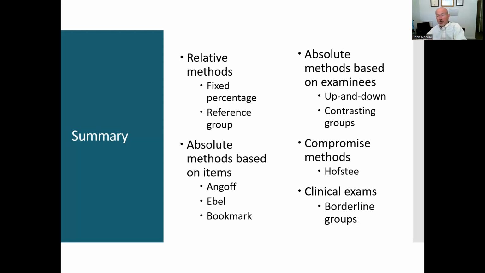The other option is to do the set as a whole and say, out of the 5 questions, how many will the borderline student answer correctly? So you can switch the question around a little bit. That's probably a little more efficient. But again, it gets you to exactly the same place.